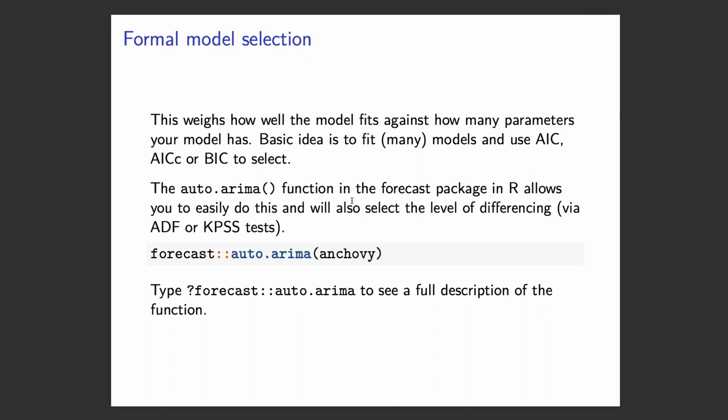The ones that are used by forecast and by its underlying function, which is ARIMA, are AIC, AICC, and BIC. AICC is the default criteria that's going to be used. And so what this function is going to do is it's going to fit a whole bunch of ARIMA models. ARIMA means it has the differencing, so it's going to try different differencing.